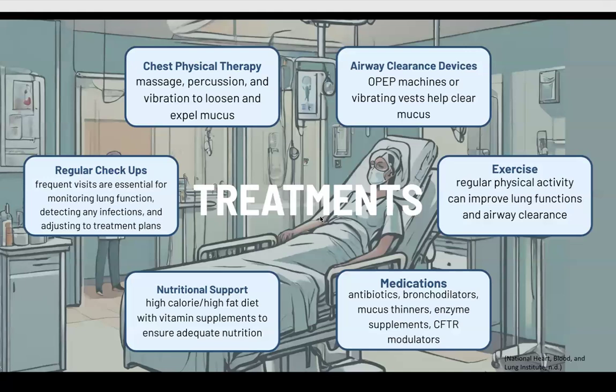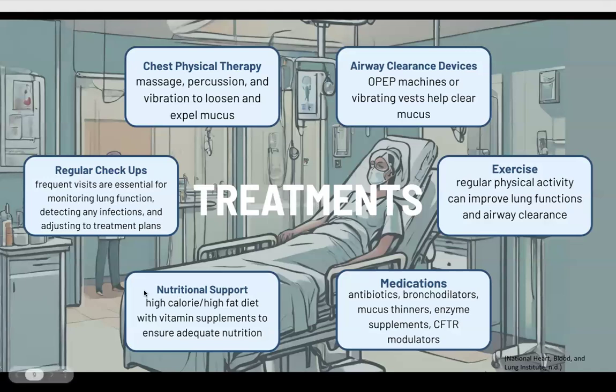Some medications are also given to patients with CF, such as antibiotics, bronchodilators to dilate the bronchioles, mucus thinners to thin the mucus, enzyme supplements to help digestion, and CFTR modulators to get right there at the protein encoding to help loosen mucus.